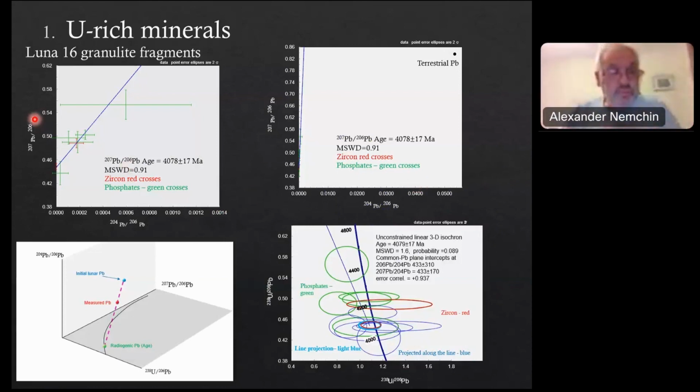So if we look at the diagram at the top left, 207 lead over 206 lead versus 204 lead over 206 lead, it's just a lead diagram, similar to what I showed at the start. You can see this is the corner where we've got probably the most radiogenic lead with no initial, but a lot of our analyses are going up.